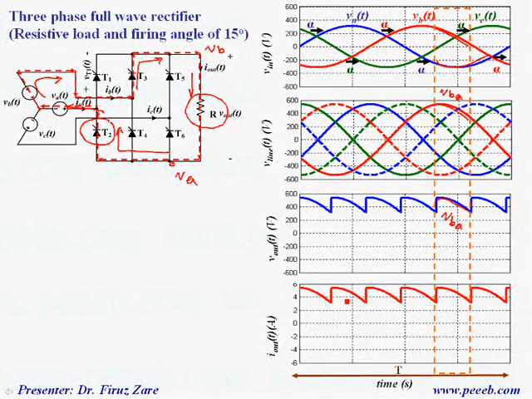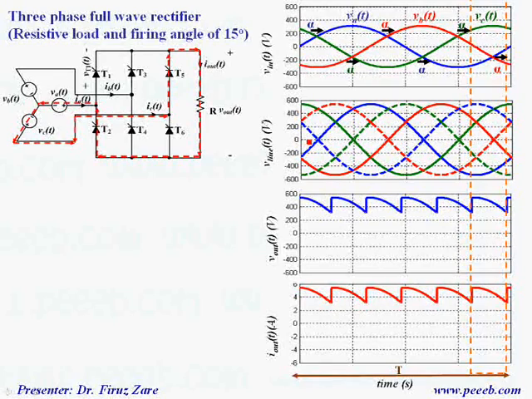Here we can see that the current waveform is similar to the voltage waveform, and the reason is that we have a resistive load and the current is basically voltage divided by resistance.